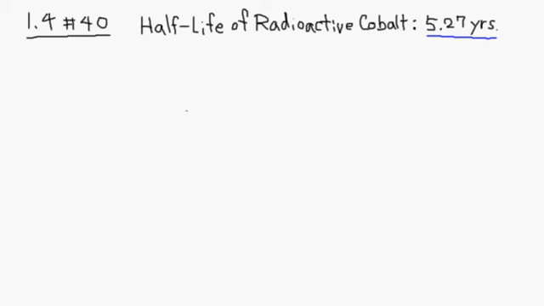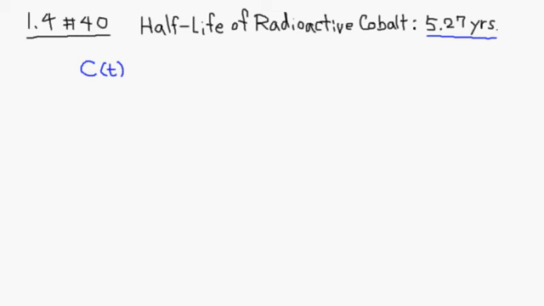Since we can think of this as a decaying exponential function, let's say the amount of cobalt after t years is the function C of t.